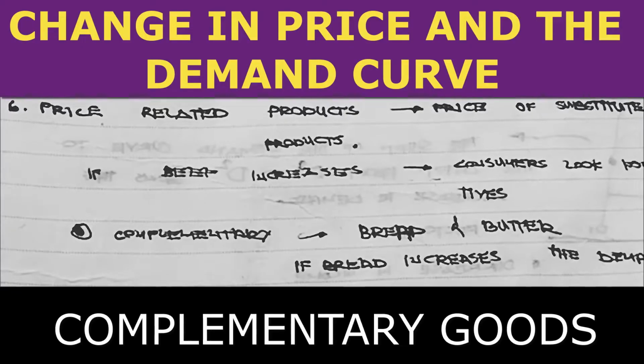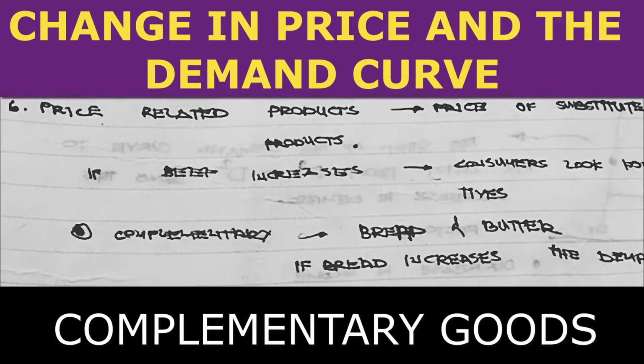On the other hand, there are complementary goods that are consumed simultaneously. For example, coffee and sugar are complementary as well as bread and butter. If the price of bread increases, the demand for it as well as for butter also decreases.